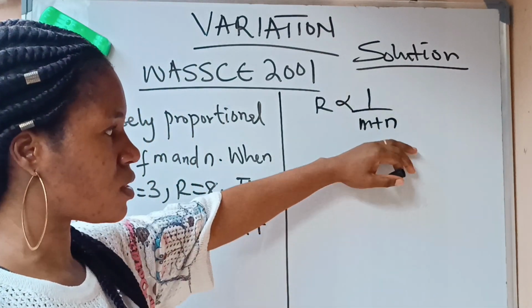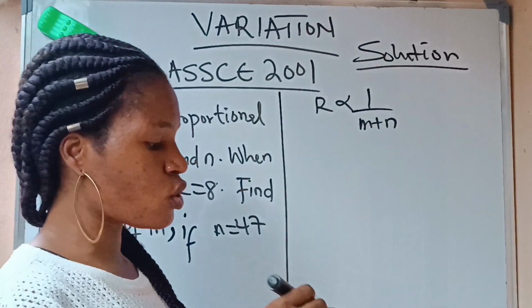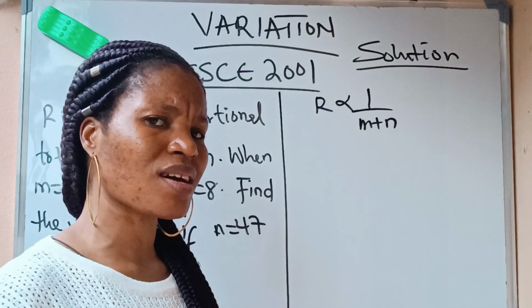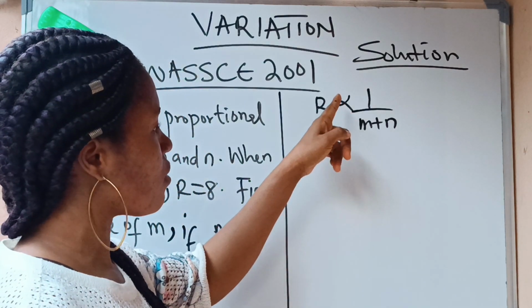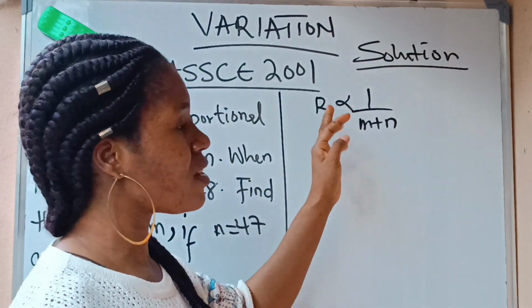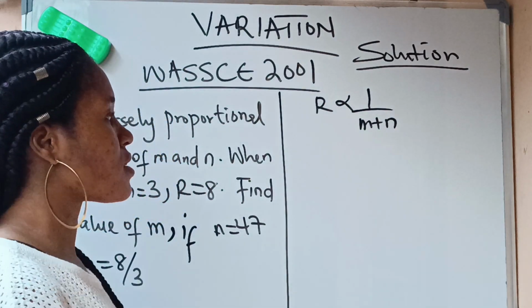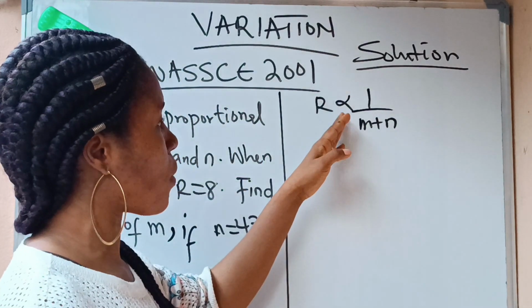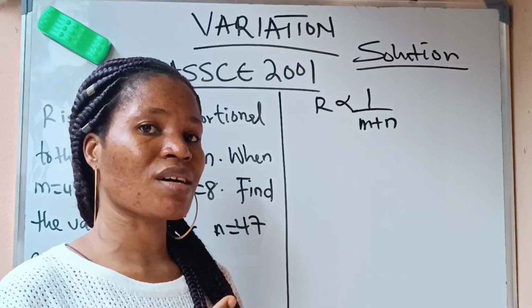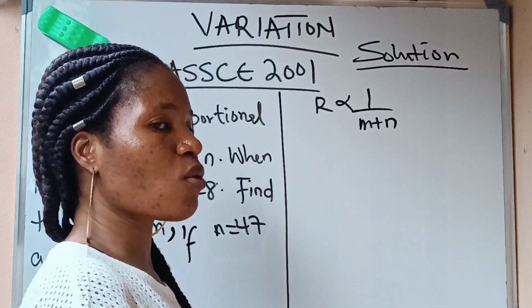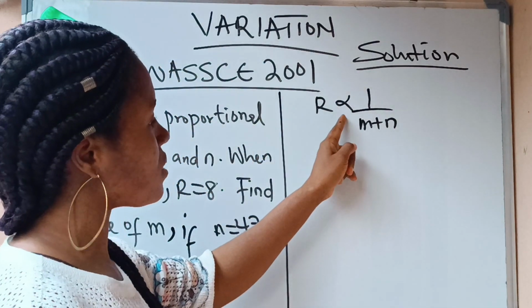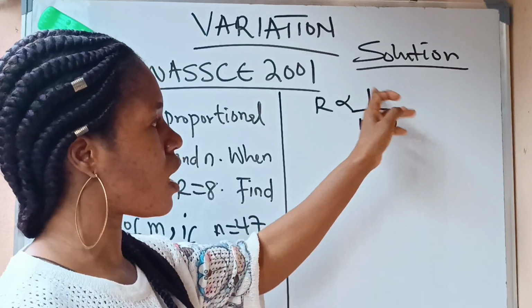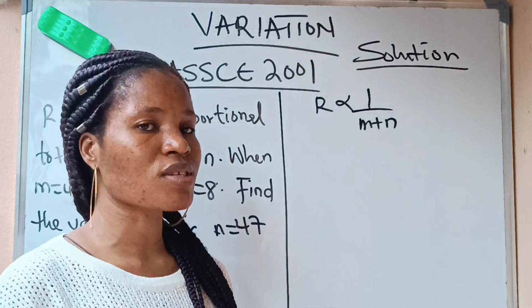So this is the first thing you write. Then the second thing you should do is to introduce a constant so that you remove this proportionality sign, because there is no way you are going to solve with this proportionality sign. What we solve with in mathematics is the equal sign. So for me to put an equal sign and remove this, I'm going to introduce a constant here. Let's call this constant k.